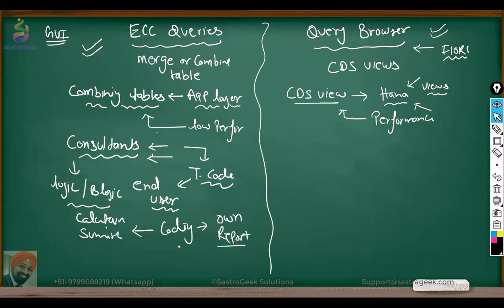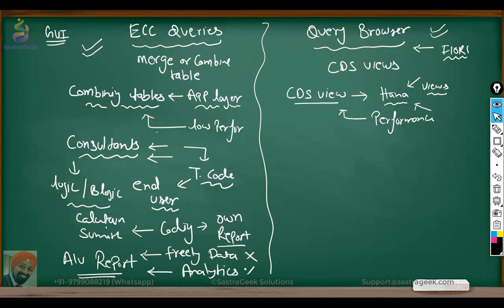And even if you give this functionality to the user, even if your end users are good and you train them, so they can merge the tables and use it, still it is just an ALV report. The user is not able to play freely with the data. The user is not able to generate analytics. These things are not available with the ECC queries.